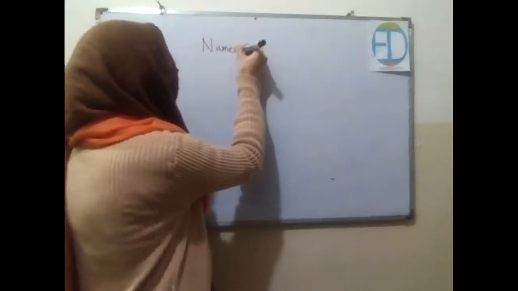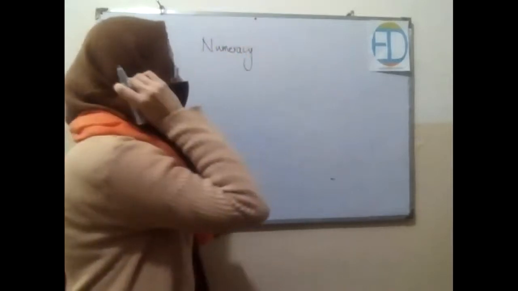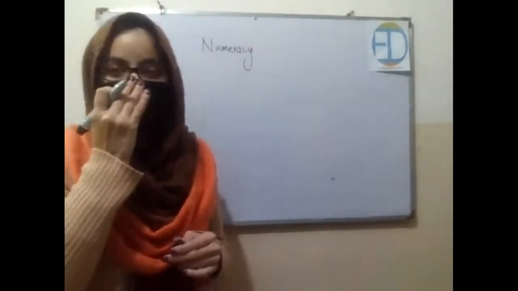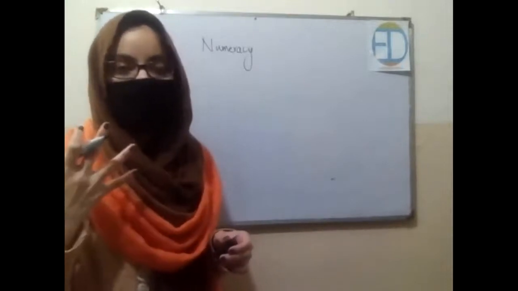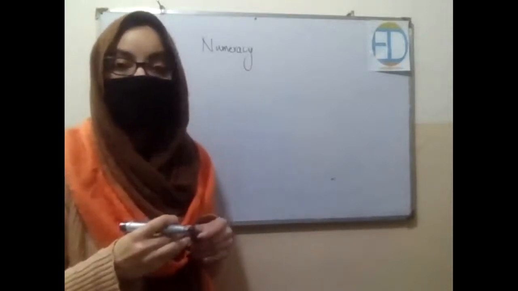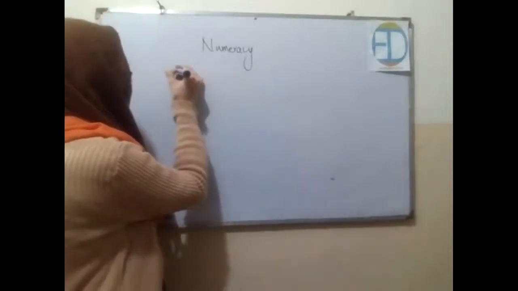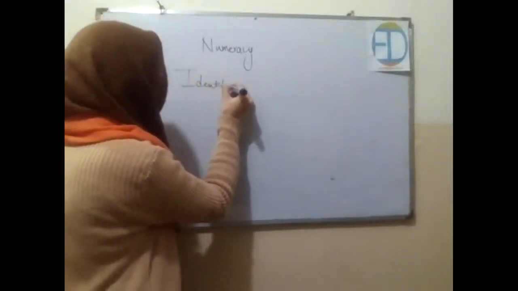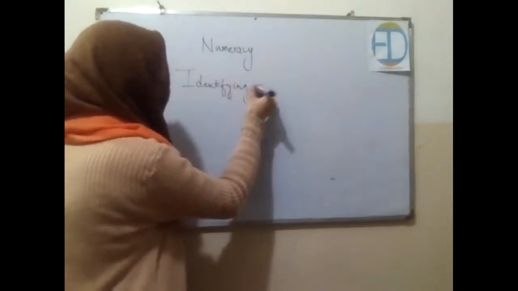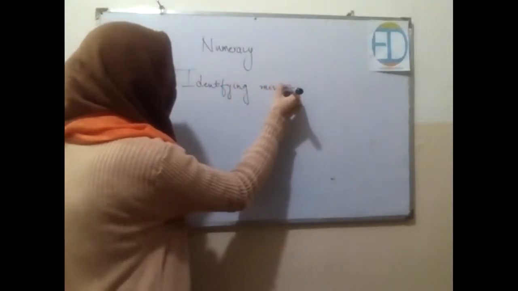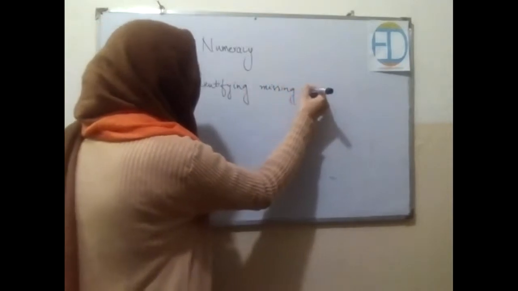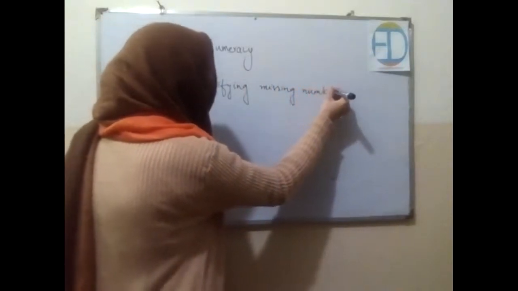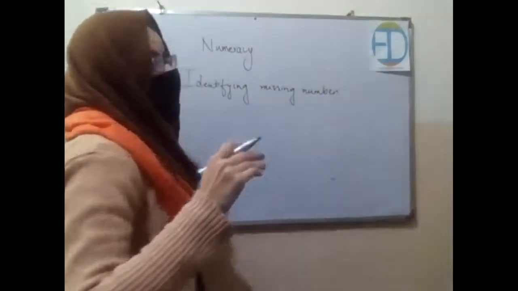Okay, so today we will be using numbers up to 10 for revising numbers. We will be doing skipping counting and identifying missing numbers. The topic is identifying missing numbers.